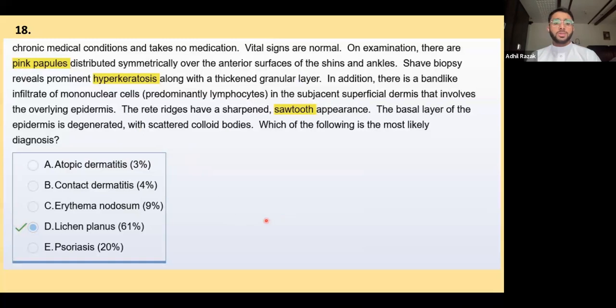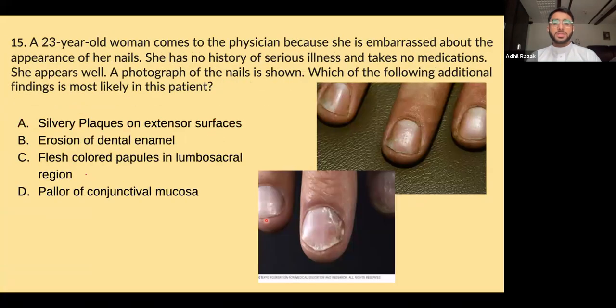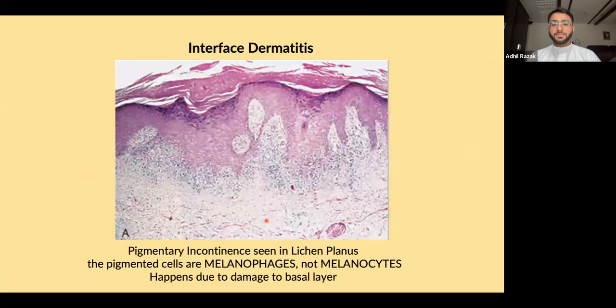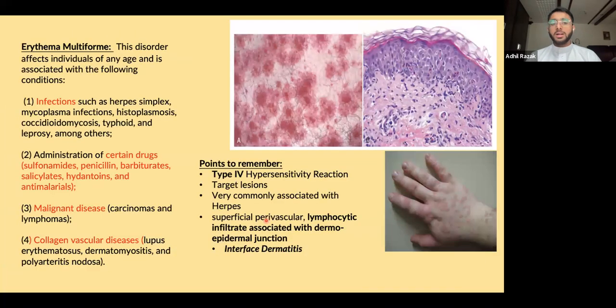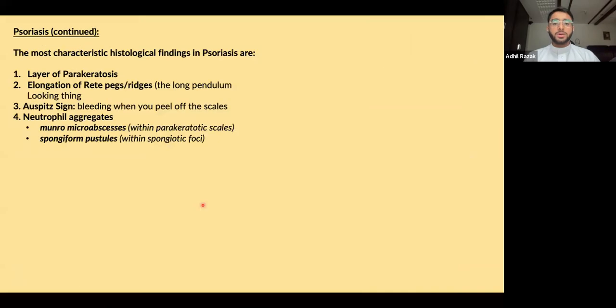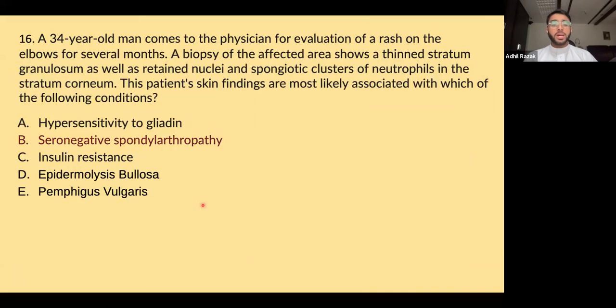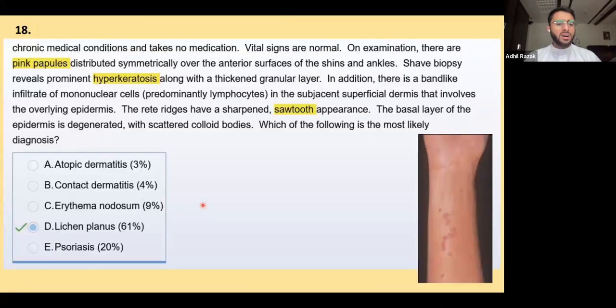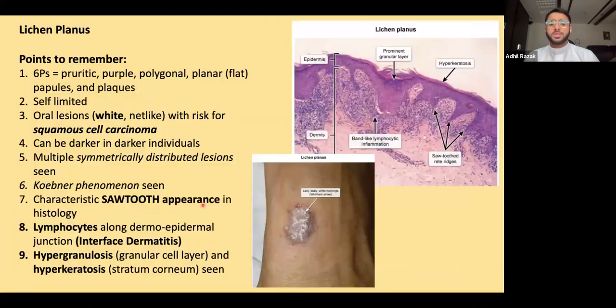Who remembers the other condition that has interface dermatitis? Erythema multiforme. Both of these have interface dermatitis, the infiltration of lymphocytes in the layer between the epidermis and the dermis. I'm not sure if psoriasis has it as well, but these are the most characteristic ones.